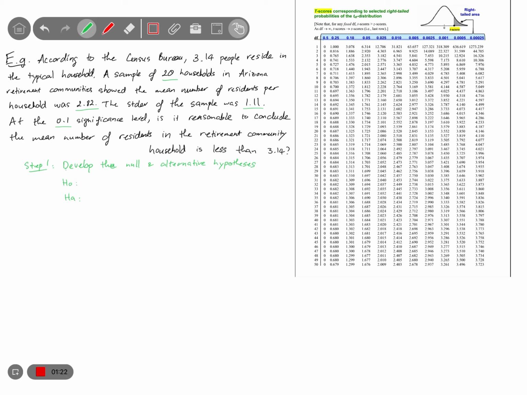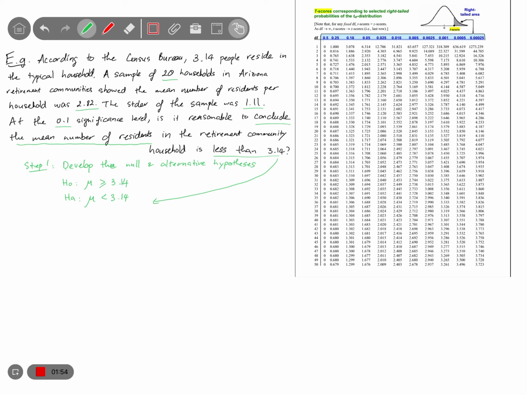So in this problem, we want to conclude that the mean number of residents is less than 3.14, and so that will go into our alternative hypothesis. In the alternative hypothesis, mu is going to be less than 3.14. And in the null, we're going to have mu being greater than or equal to 3.14.